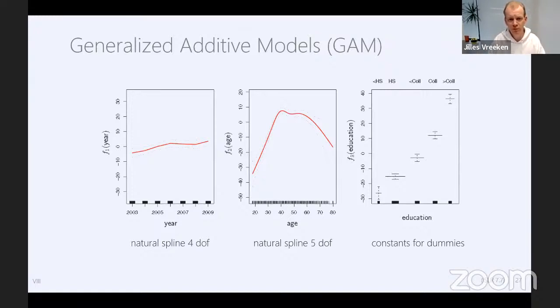This is the start of a previous economic crisis. I mean, this is around the time that I graduated, so the job market was not that great. I remember that very well. So wages did not grow as much, and then they started growing again. And that is a behavior that you can fit with a nonlinear function, but not a linear one, right? So already generalized additive models add something to the game.